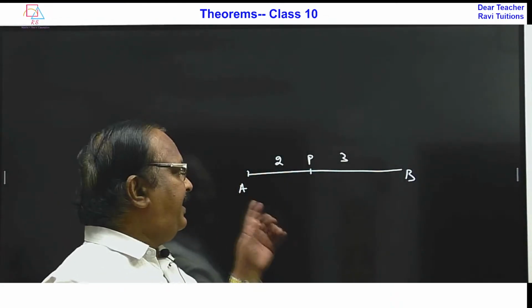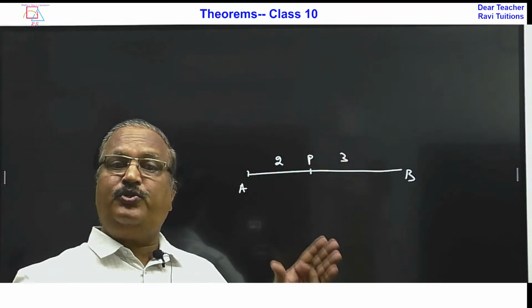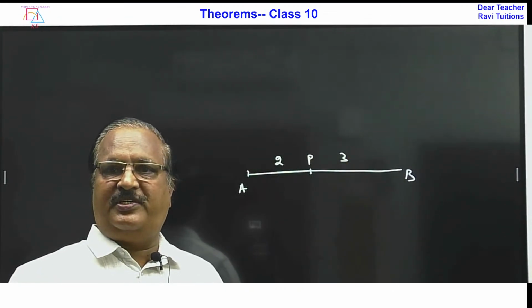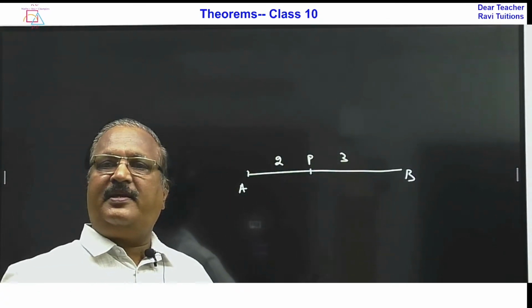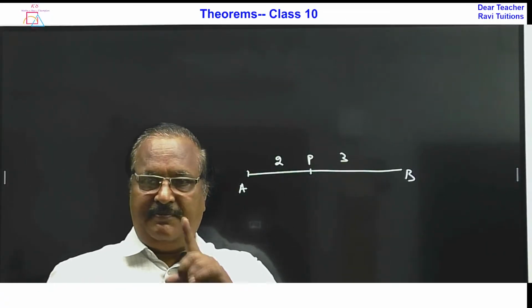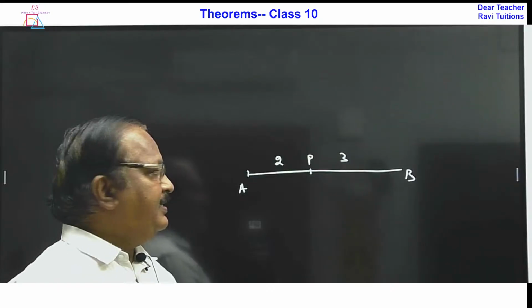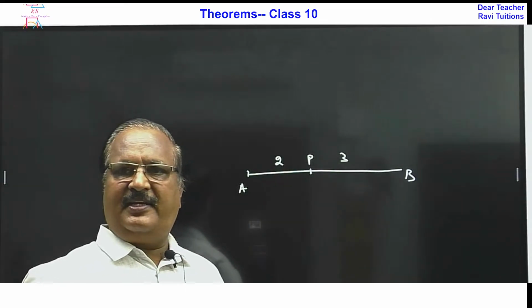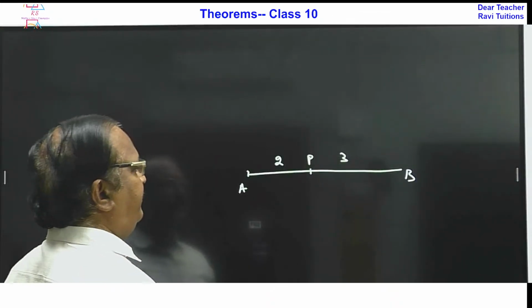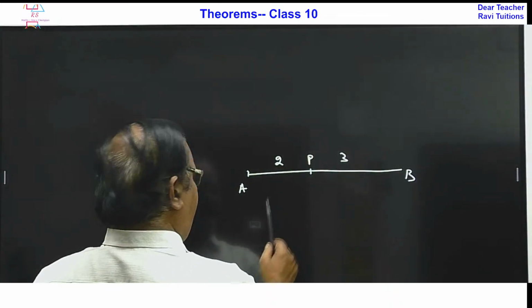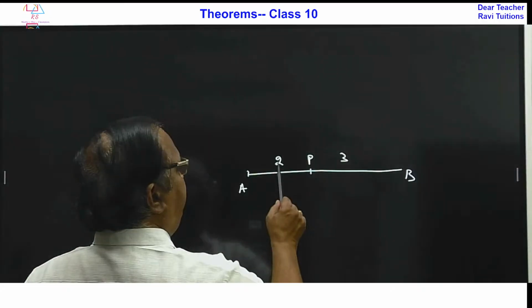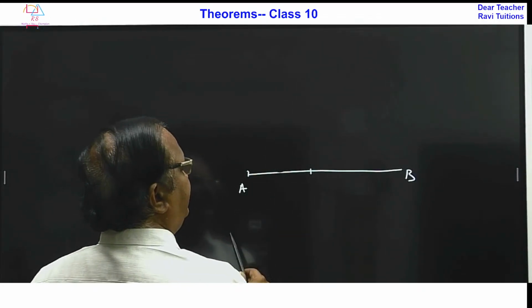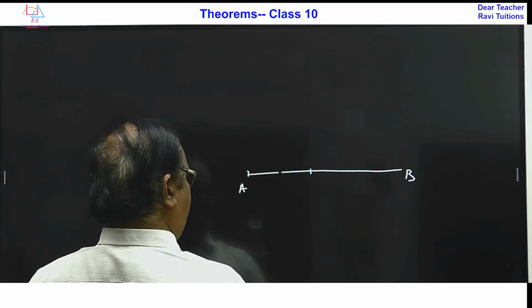That means divide the line segment in the ratio 2:3. This is a construction, and this is also there in the triangle chapter and is an important question. Okay. So how to do this? Very nicely given in the textbook, but still I will give you, right? So our target is to find out P in the ratio 2:3.